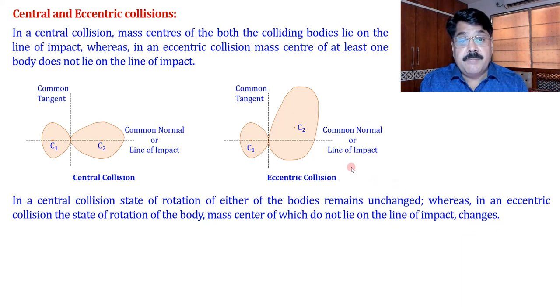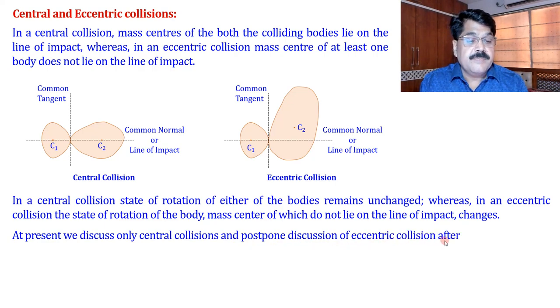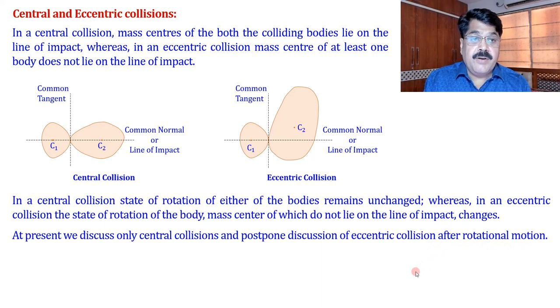Whose mass center is not on the line of impact. At present, we discuss only central collisions and postpone discussion of eccentric collision until after rotational motion. Actually, in eccentric collision, change in state of rotation is involved, so that can be analyzed only after rotational motion.